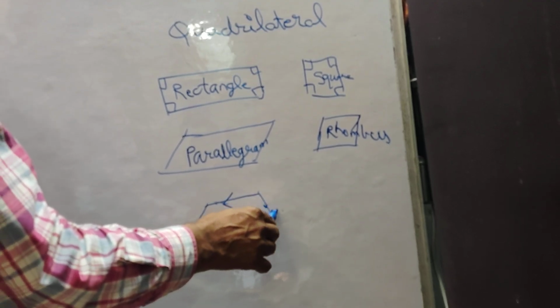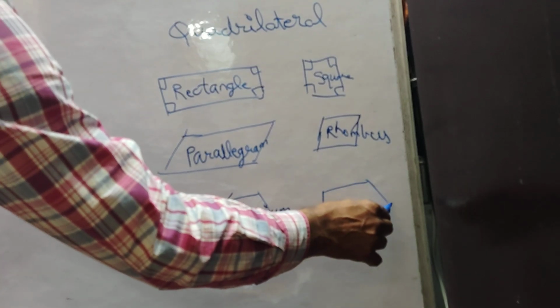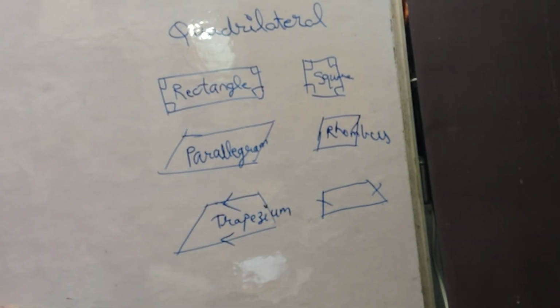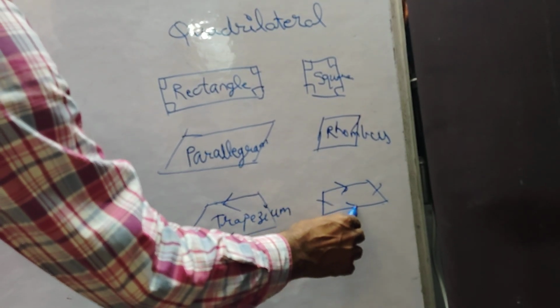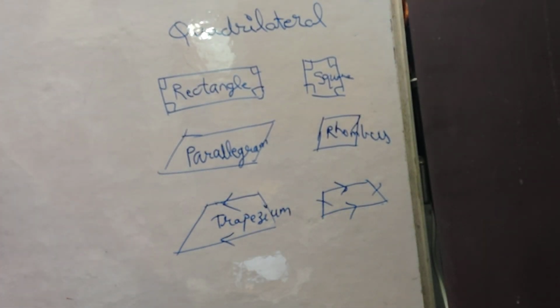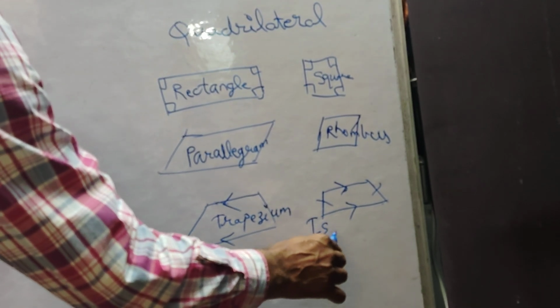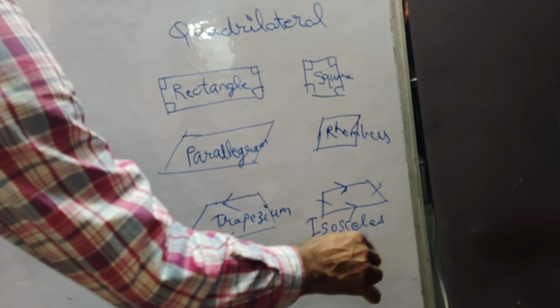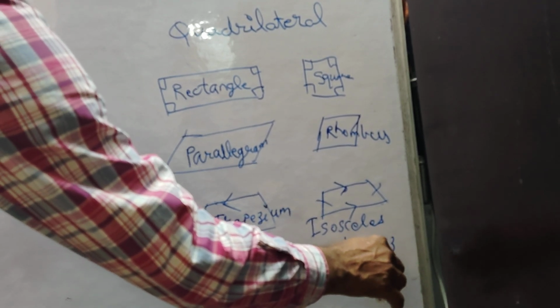If the trapezium has both non-parallel sides equal, it is called isosceles trapezium.